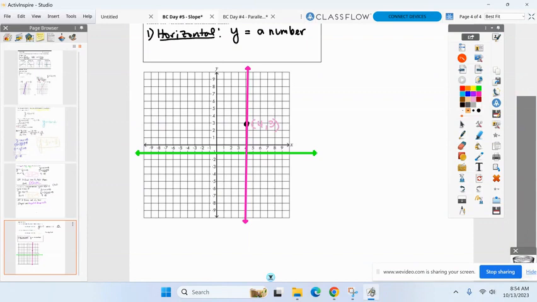What's going to be the equation? Ready? Here's 4, 3. Here's 4, 6. And here's 4, 9. What's in common with all these points? X equals. One more time, x equals, there's the equation.